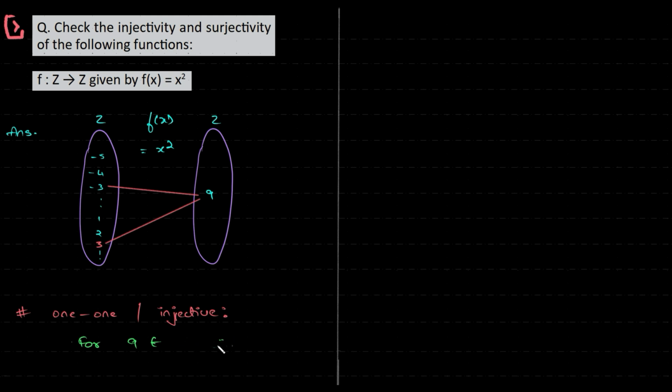Sorry, in this case codomain. We have 3 and minus 3 as its possible pre-image.